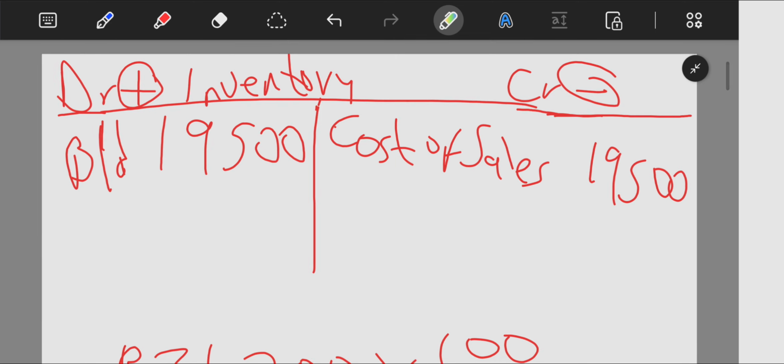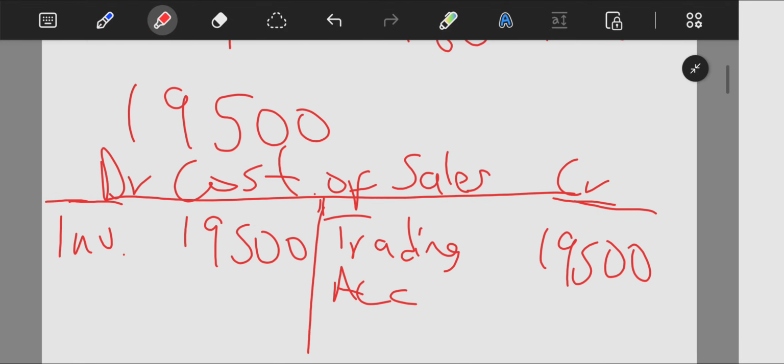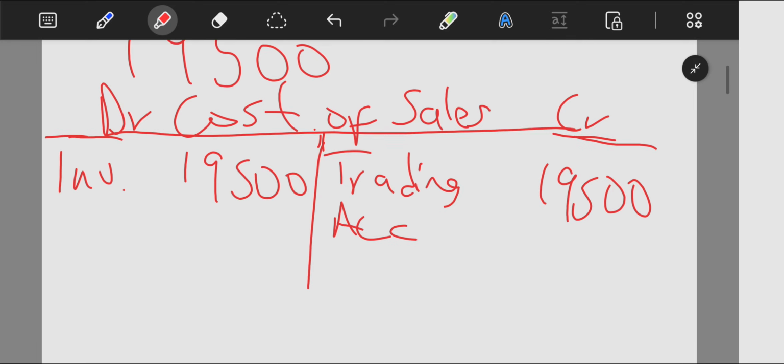Right. Now, it means that after we have done this sale, we have a zero balance. But now the customer has returned to the value of 19,500. It means that our cost of sale is going to be reversed as well. Because remember, our cost of sale is what initially happened when we sold. Now it's going to be reversed. When it is being reversed, it means that this is going back.